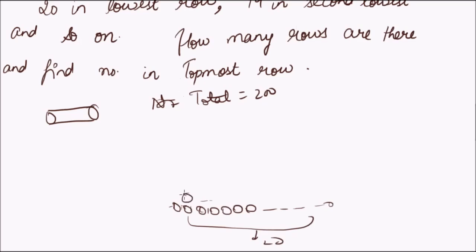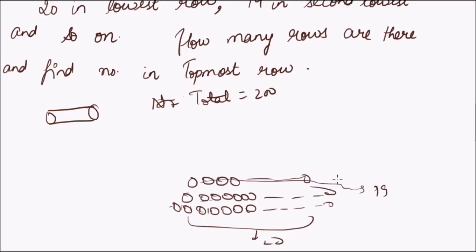So here the number will be 19, and so on, which means above here we will be having 18, here we will be having 17 logs, and then 16, and so on.